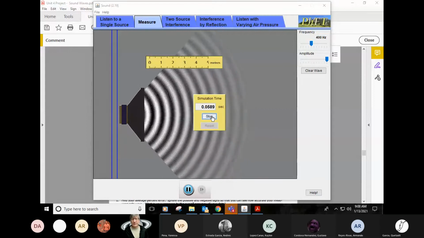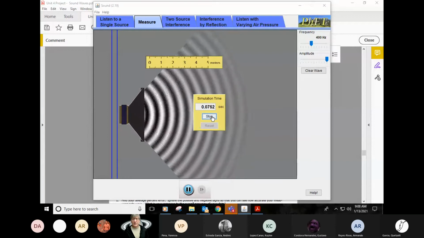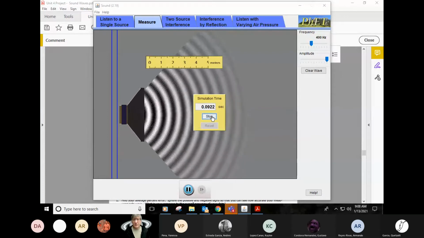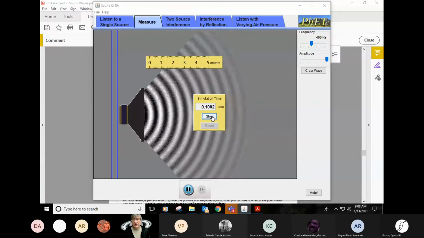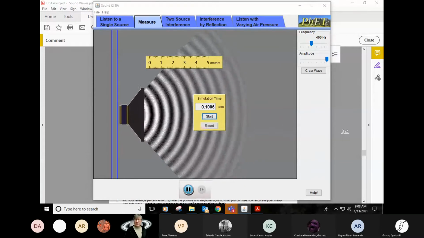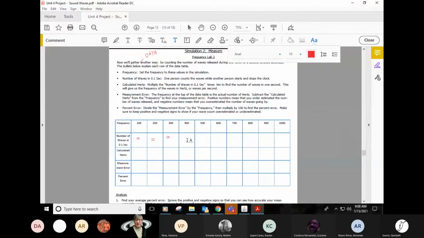Halfway. Stop. And record your data back here for the 400 hertz. How many waves did you count?